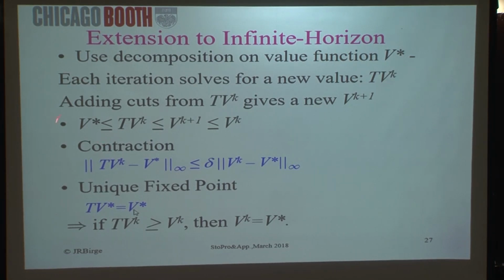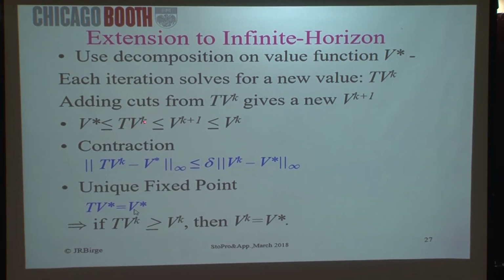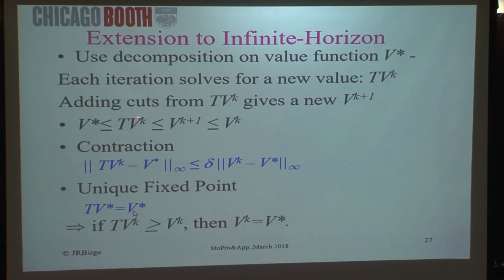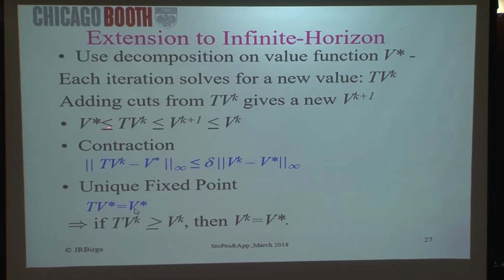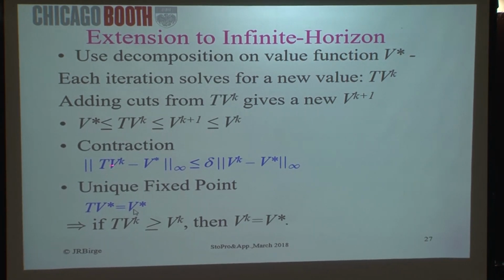You can do the same sort of thing. I make approximations of the value function at each point in time. I start off with a bound on the value function. I make an approximation of it. I update my approximation. That's what this TVK is doing. And I'm trying to get to the true value function.